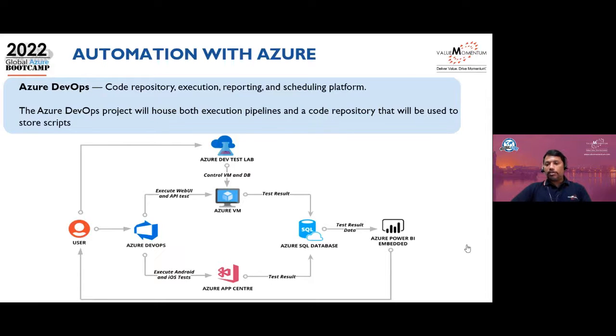From SQL DB, we can pull the test results using queries to Azure Power BI, where we can have a pictorial representation of the results, as well as graphs and dashboards. All those are there in Azure.